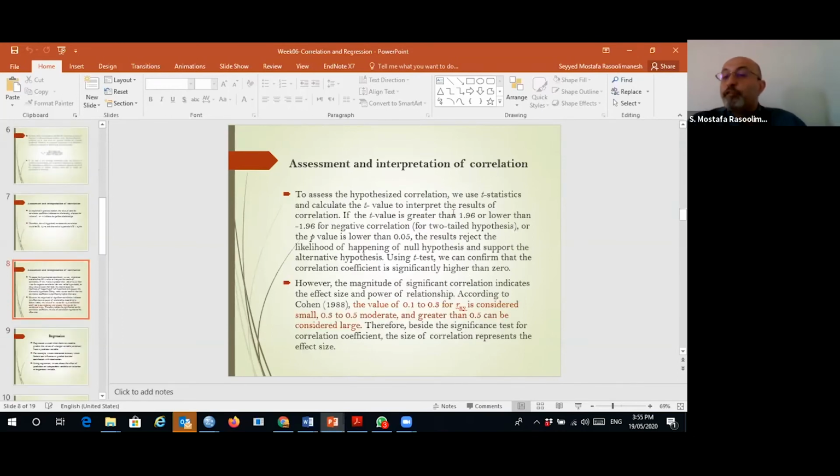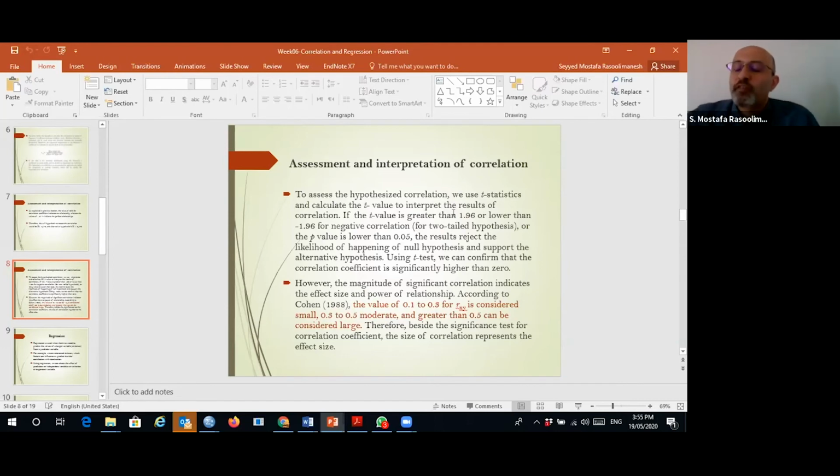But for correlation, if we test a hypothesis, we need to report the p-value, t-value, and confidence interval for the correlation, right? If we want to test the correlational hypothesis.